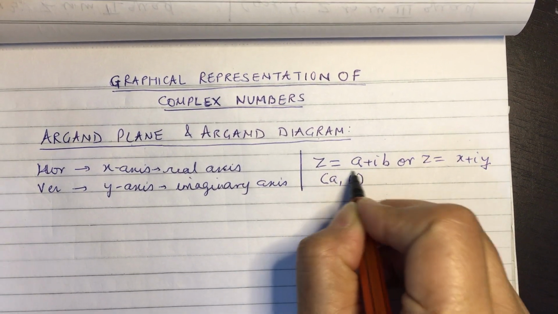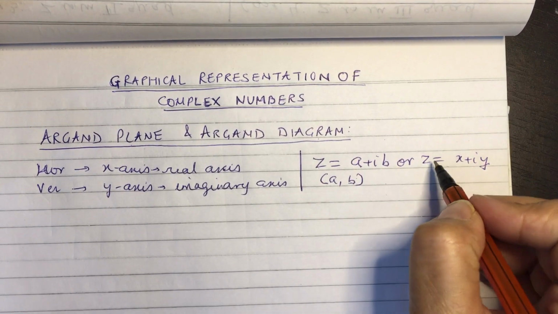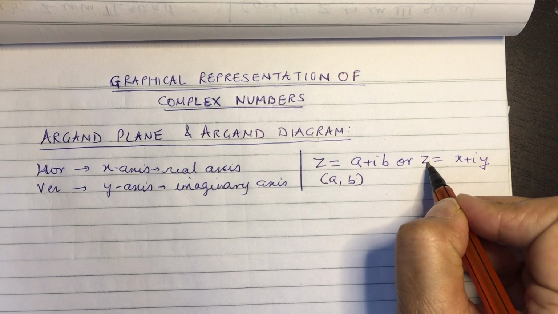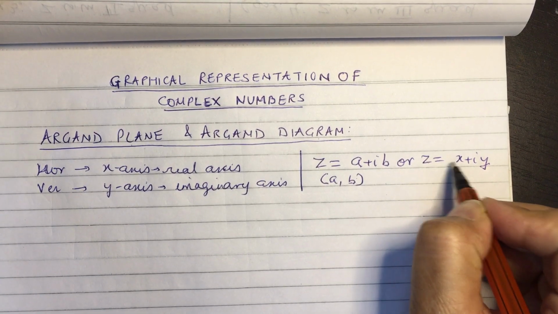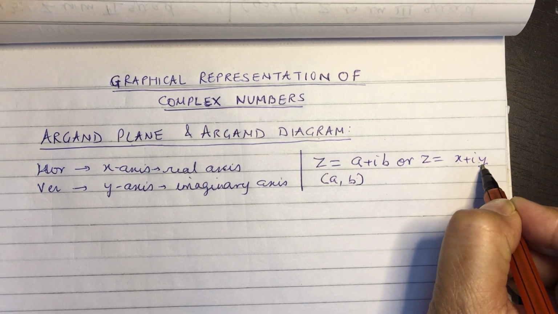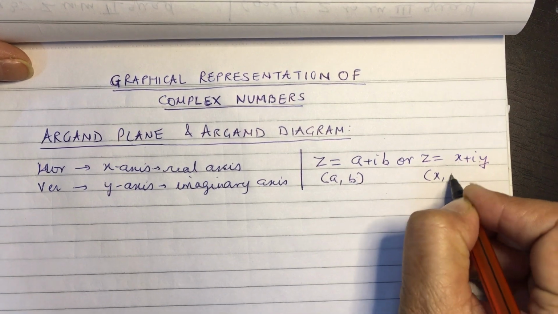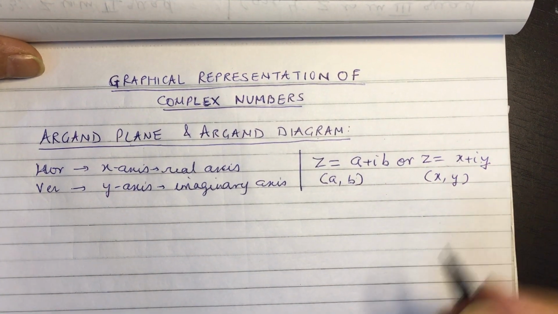Hence this is called an ordered pair. Similarly, if the complex number is written in the form x plus iy, the real part is x and the imaginary part is y, and the ordered pair corresponding to this would be x comma y.